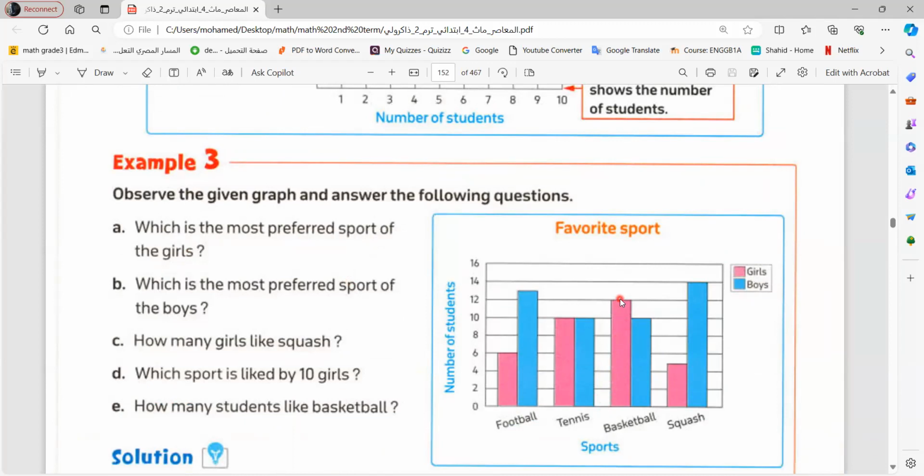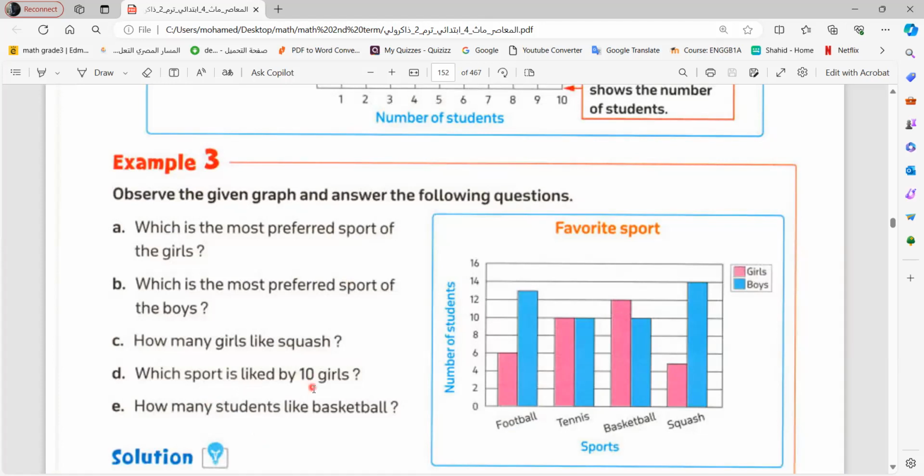Basketball. Amazing. What about the most for the boys? Amazing. It's squash. How many girls like squash? Squash? 6 girls only. Oh, no, actually, not 6. They are between 6 and 4. 5, exactly. Between 6 and 4 is 5.